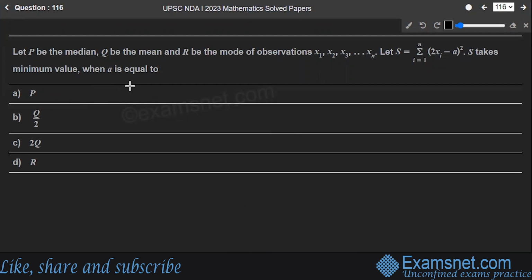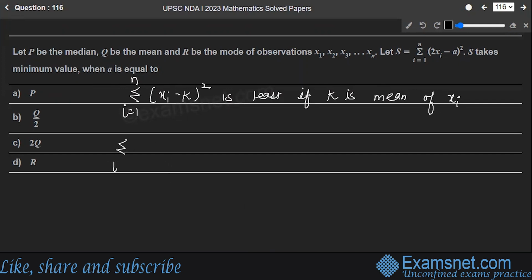We know one thing, that the sum from 1 till n of (xi minus k) square is least if k is the mean of the xi.